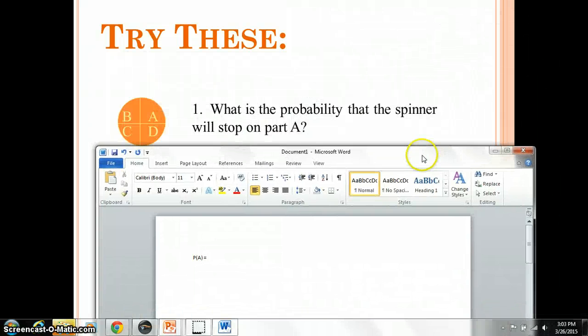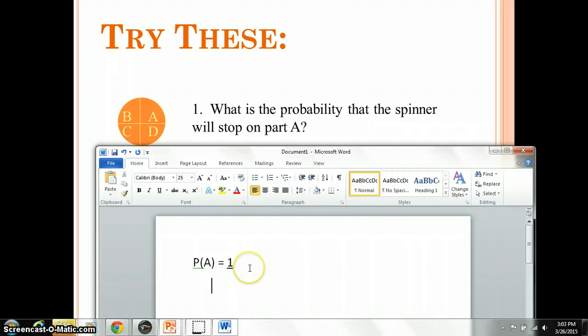Now let's look. We want to put the total number of favorable events, basically how many A's there are, over the total possible. It looks like there's only one A, so I'm going to put a 1 as my numerator. Let me make this just a little bit bigger.